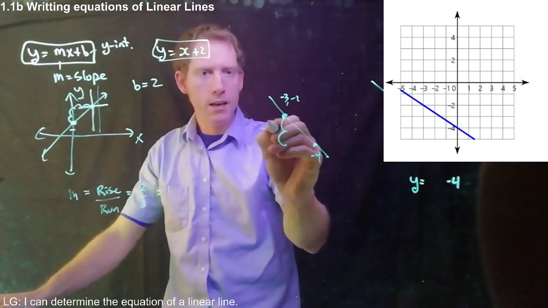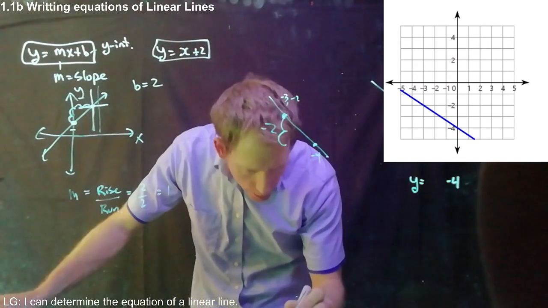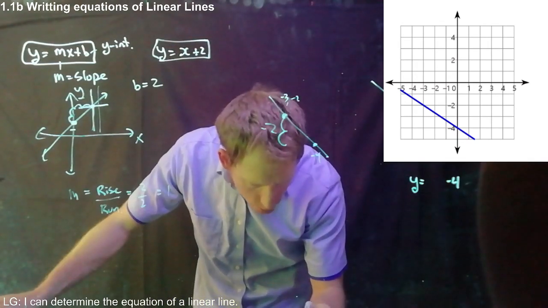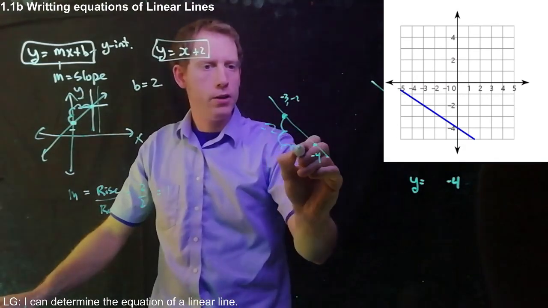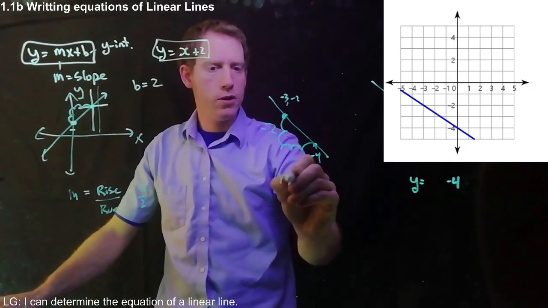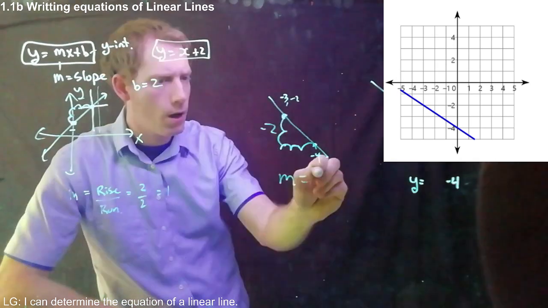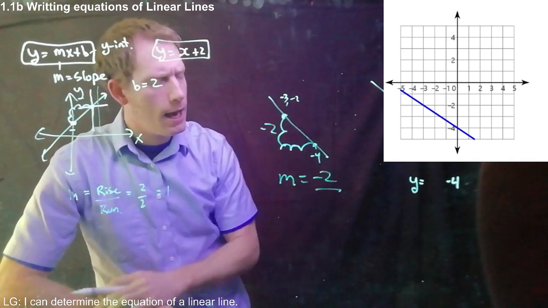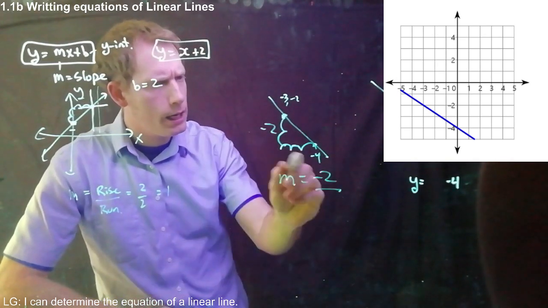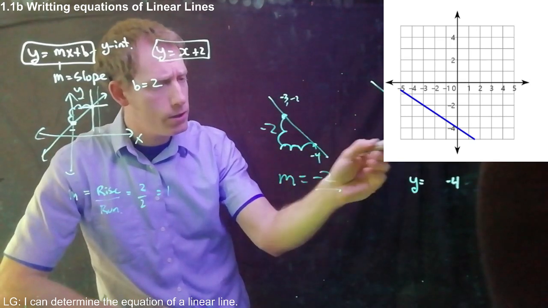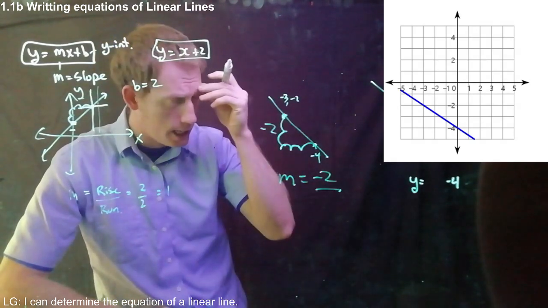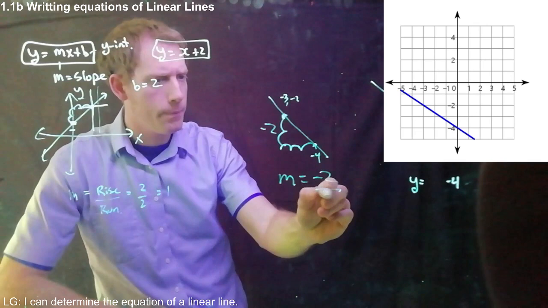We go -2, and then we run 1, 2, 3. So the slope is going to be rise. Well, I'm going down -2, and then I'm running to the right, positive. So to the right is positive, to the left is negative 3.